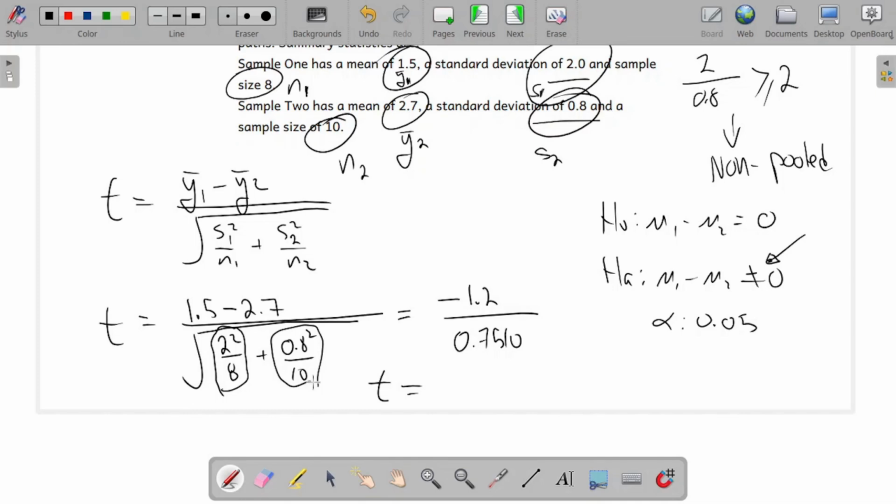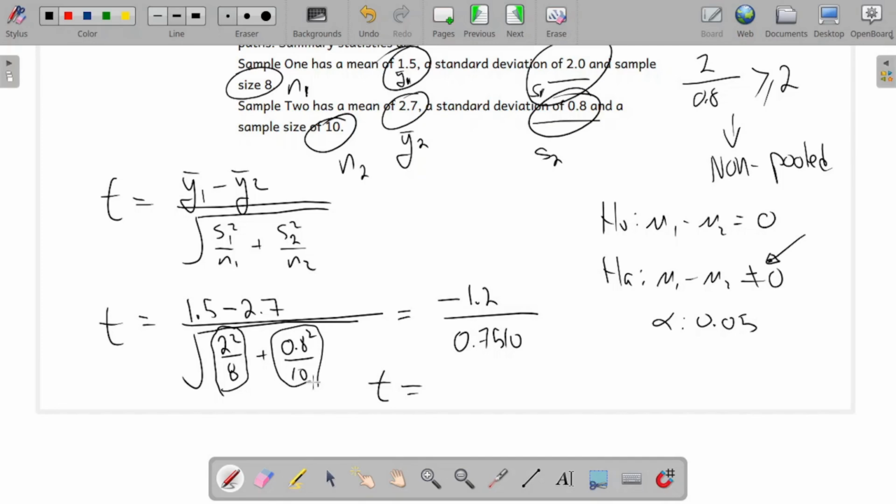So this is 4 divided by 8, plus 0.64 divided by 10. That adds to 0.564, and I take the square root of that, and we get 0.7510.